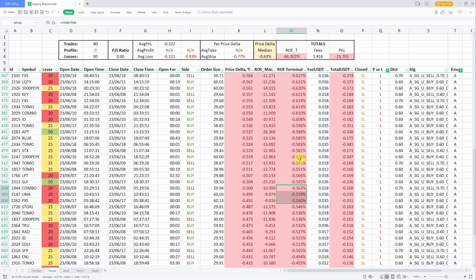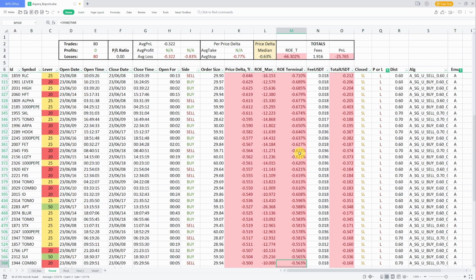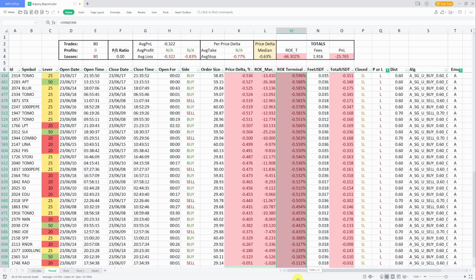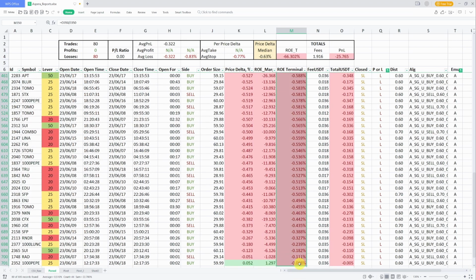See, everything that stopped below the average stop or the median stop, this could have potentially, under some scenarios, been profitable.